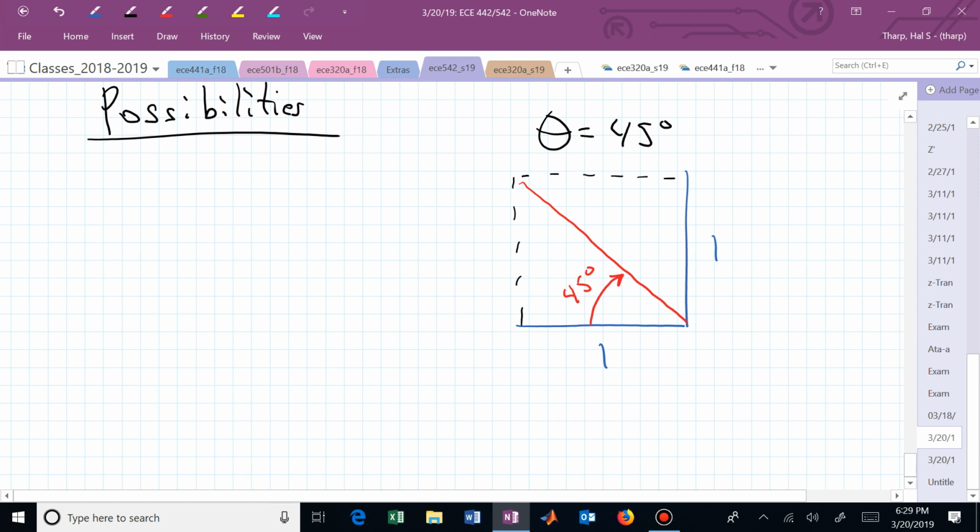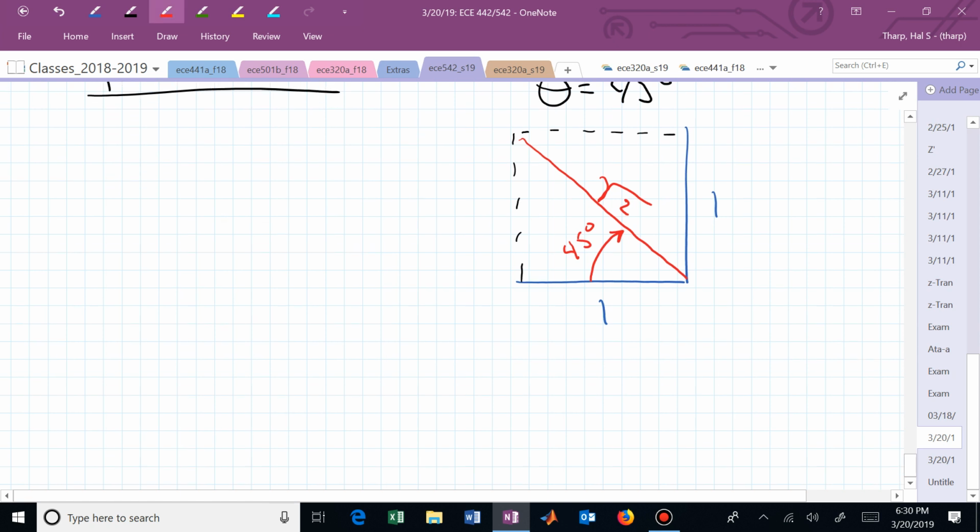Now what's the length of this hypotenuse? Pythagorean says it's the square root of 1 squared plus 1 squared, or the square root of 2. And now what's the cosine of 45 degrees? Adjacent over hypotenuse, which is square root of 2 over 2.